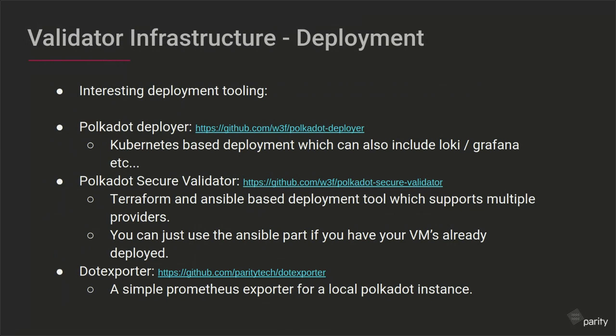A second repo, which is again a super cool tool, is the Polkadot Secure Validator setup. This is basically a Node.js wrapper on top of Terraform and Ansible, so you can also use multiple providers with this. I believe this currently supports AWS, Google Cloud, Azure, and also Packet.com for provisioning dedicated servers.